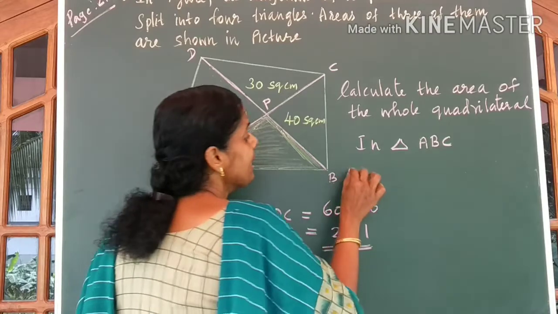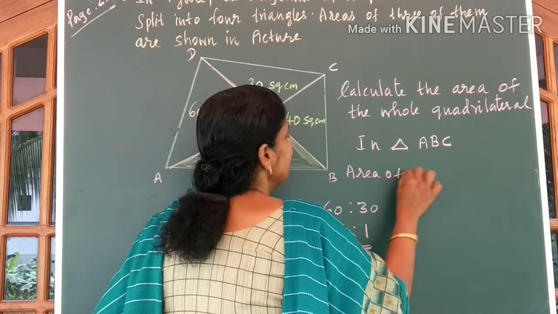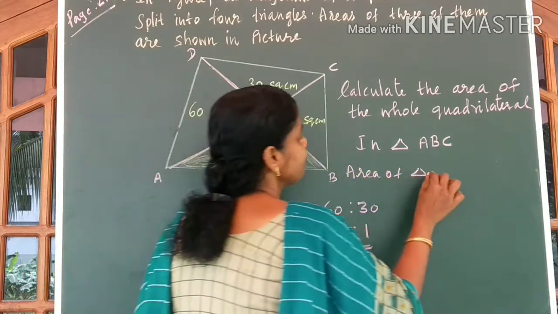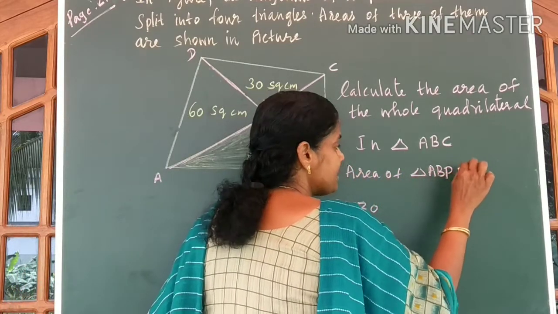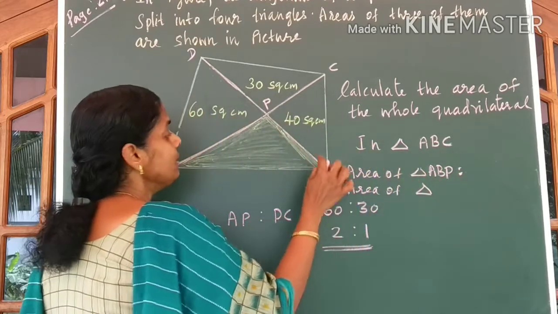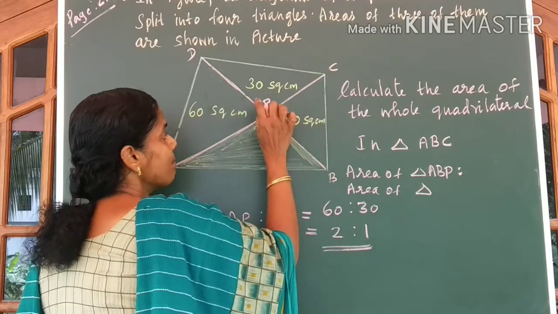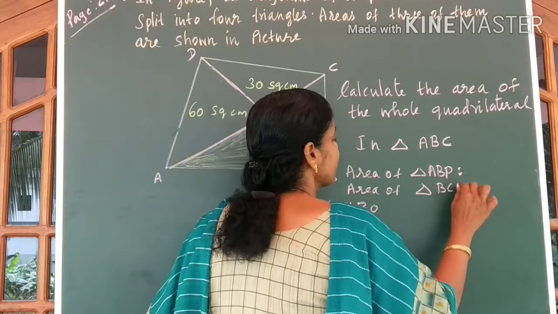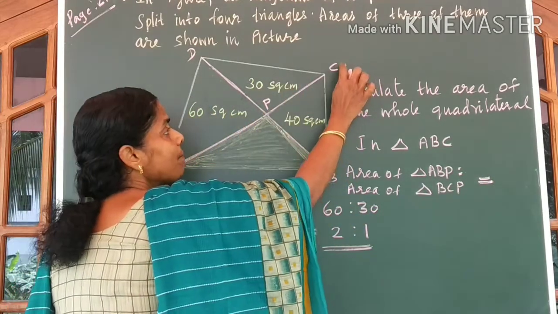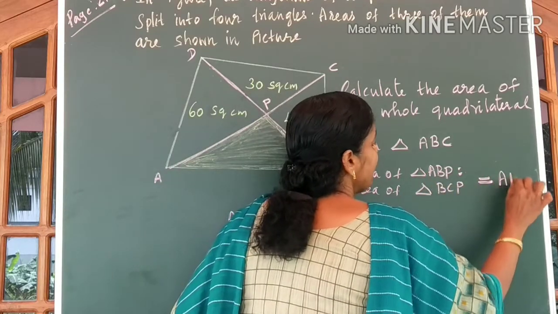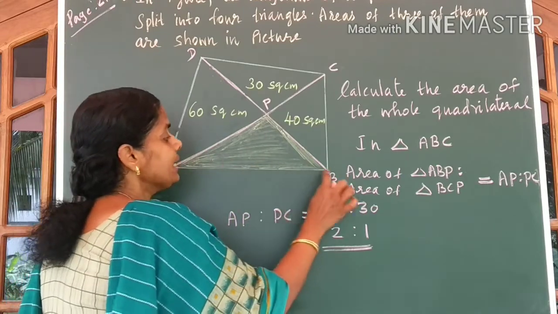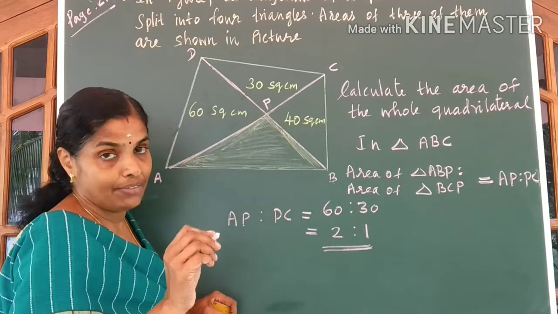So we can write area of triangle ABP is to area of triangle BCP is equal to AP is to PC.